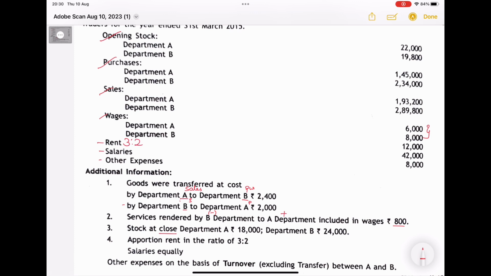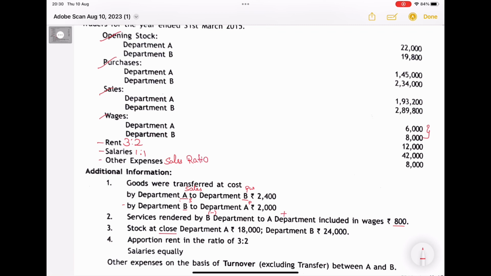Next, salaries equally, meaning 1:1. Other expenses are on the basis of turnover, excluding transfers between departments A and B. So other expenses are on the basis of turnover, in the sense of the sales ratio.